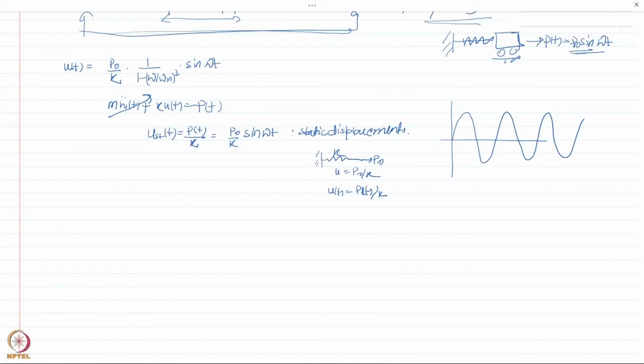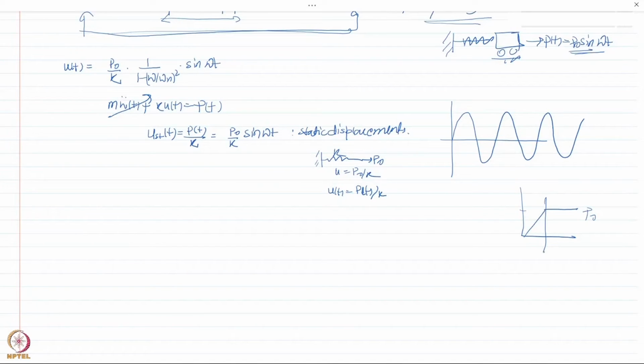It is different from the ramp loading, in which we applied a force p naught and the final displacement was p naught by k if the rise time was large enough with respect to the time period of the system. In this sinusoidal variation of force, the mass term is zero, so the resultant displacement is simply force divided by k.